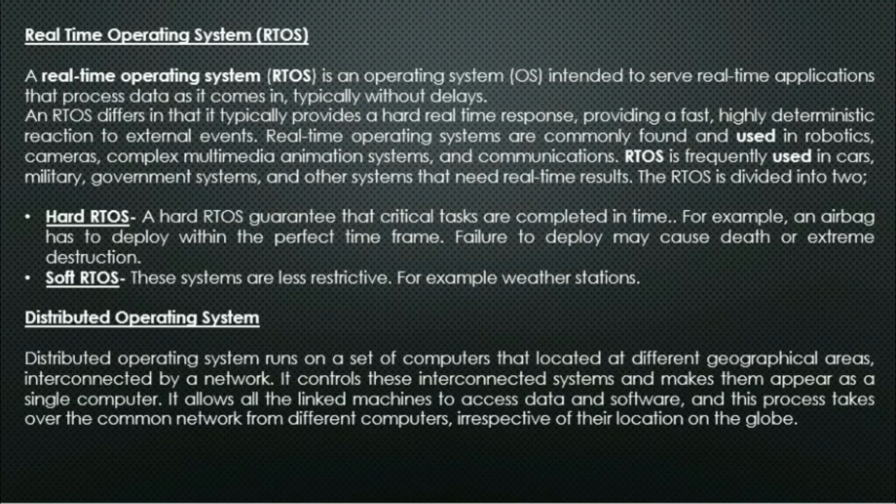For example, banking system. In the main bank there will be a server. That server stores the details of all the users, and there will be many ATM machines, and the server has the operating system. The ATM machines also have the operating system, and they are working together. That is known as distributed operating system.